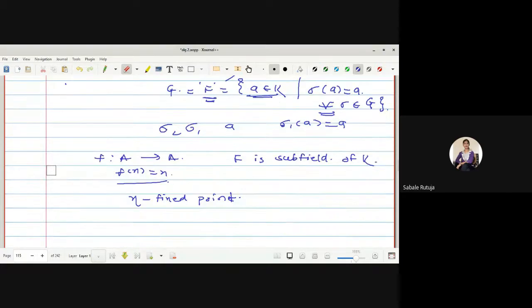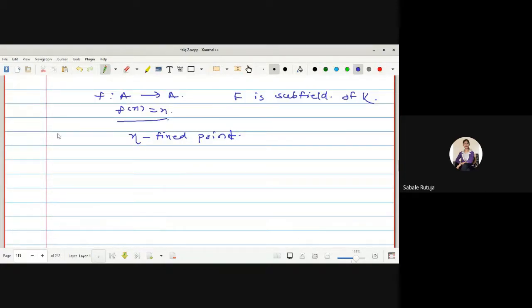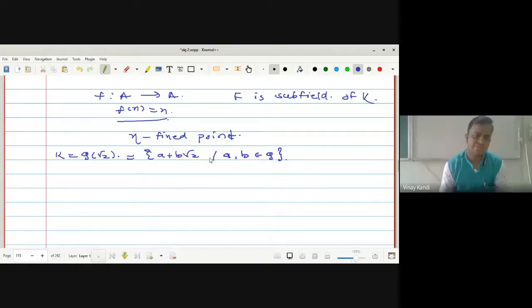Now look at it, for example. If you take the example then the idea is clear. Suppose K is Q root 2. Okay, what is the nature of Q root 2? a plus b root 2, where a and b belong to Q. Then how many automorphisms can we define on this set?